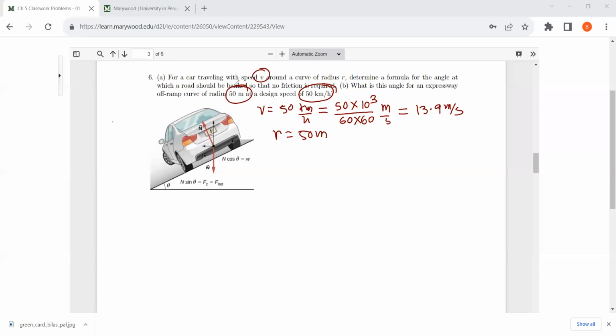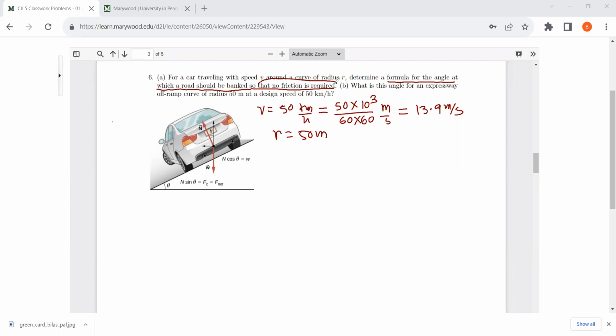Now let's see what it asks us to calculate. It asks us to determine a formula for the angle at which the road should be banked so that no friction is required. Although there is always friction between the car tires and the ground, here we are neglecting the static friction.